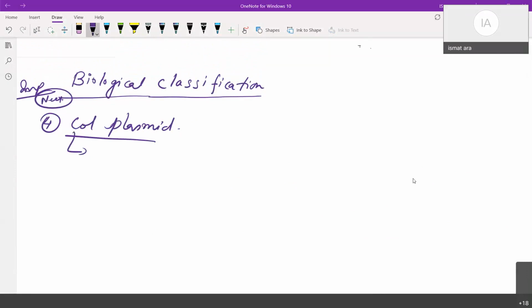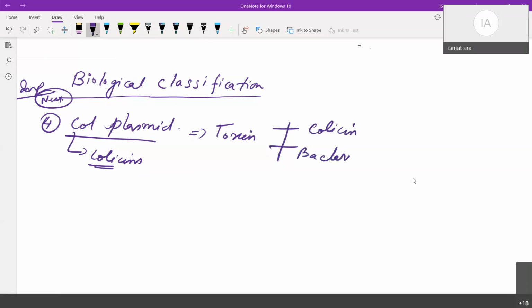Again, this col means colicins. What are these colicins, students? They produce toxins so that they can kill some other bacteria. Two types of toxins they are producing. One is called colicin and the other is called bacteriocins. That means they kill another sensitive bacteria.